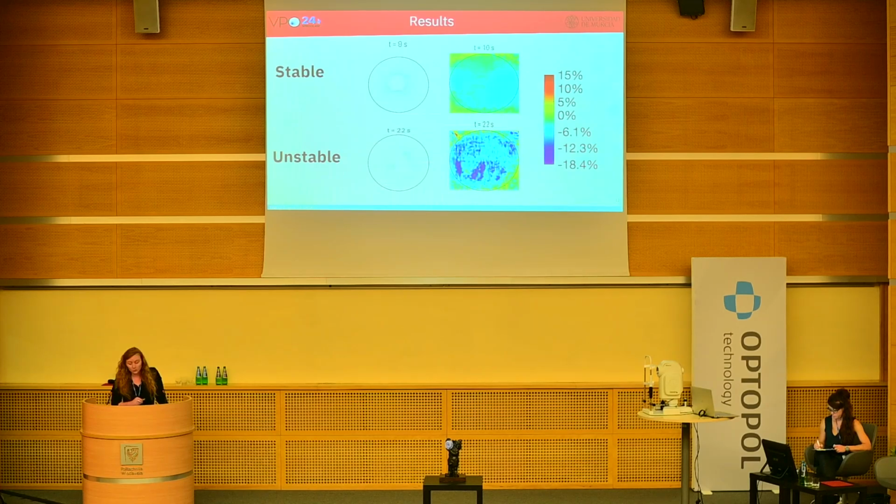But if we look at a more unstable case, on the other hand, we can see significant visible distortions observed in the placido discs, together with a more abrupt and larger relative temperature variation, in this case a maximum of minus 14.8 to 18.4%. So locally, these variations mostly correspond across both channels.